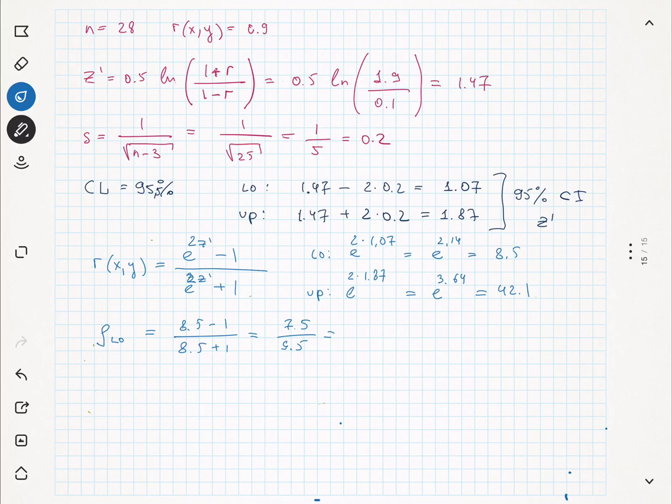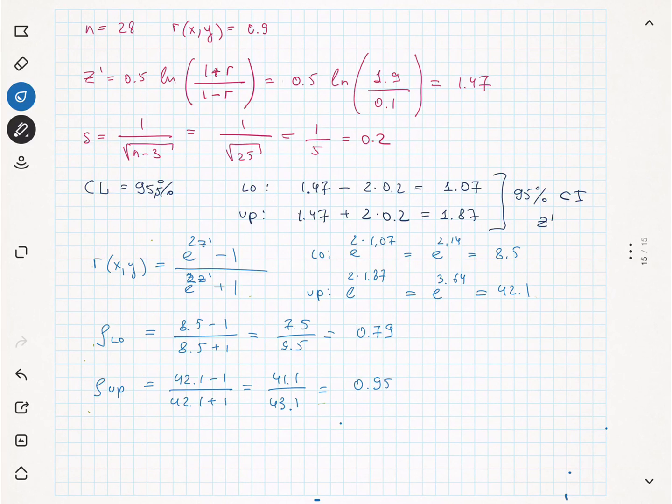which is approximately 0.79. So this is the smallest possible correlation we expect from the population with a certain confidence level. And then the rho up is 42.1 minus 1 divided by 42.1 plus 1, which is 41.1 divided by 43.1, which is approximately 0.95.